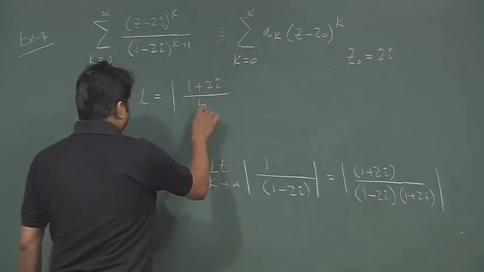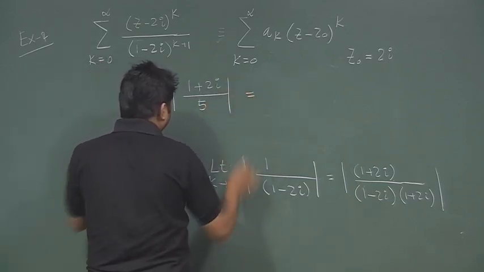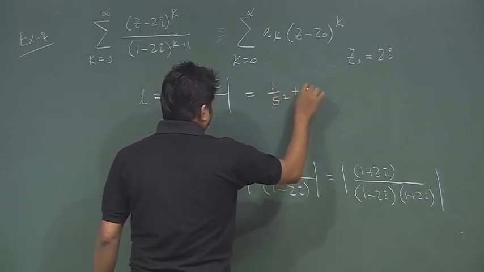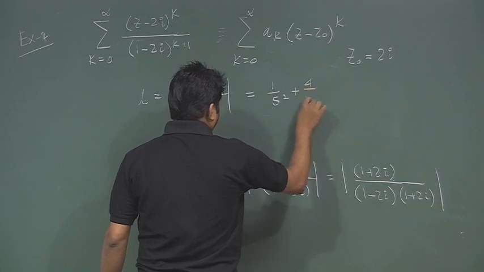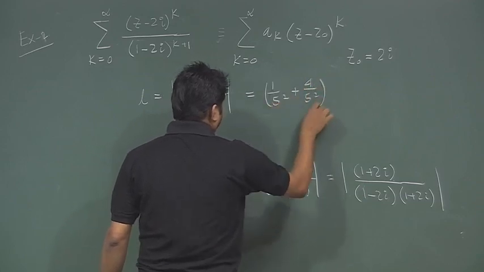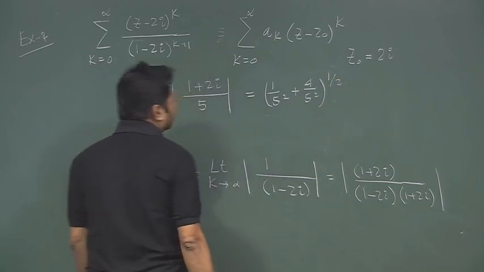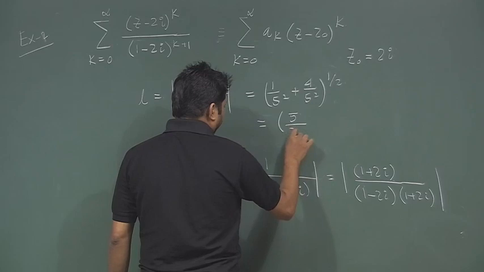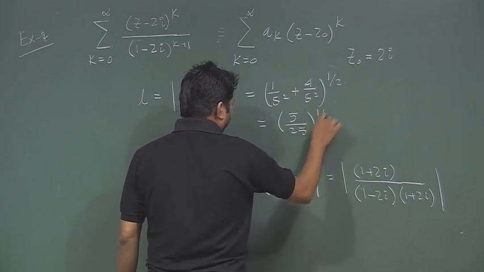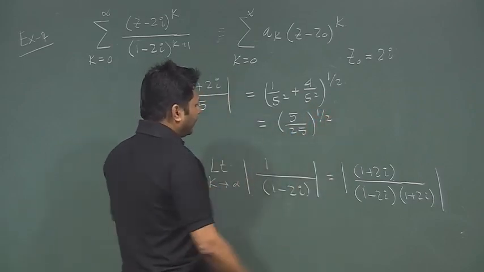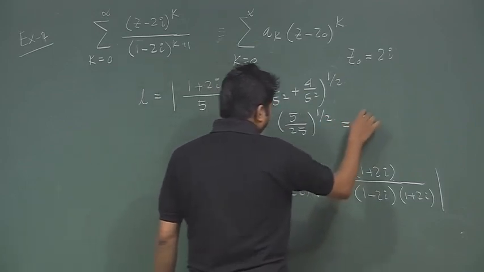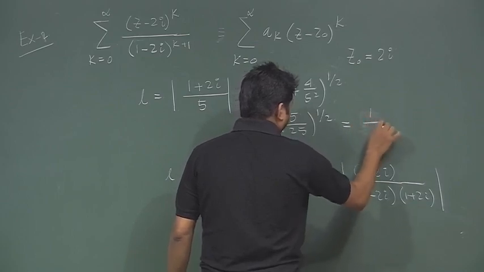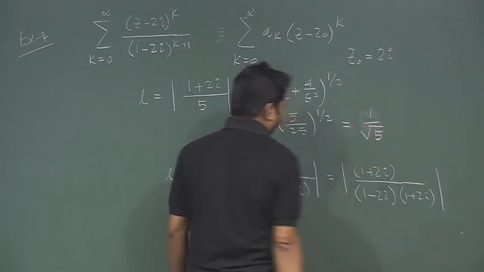So, it will be 5, and mod of this quantity is (1/5) squared plus (2/5) squared, whole to the power of half, or (5/25) whole to the power of half, or root of 1 by 5, or 1 by root 5.